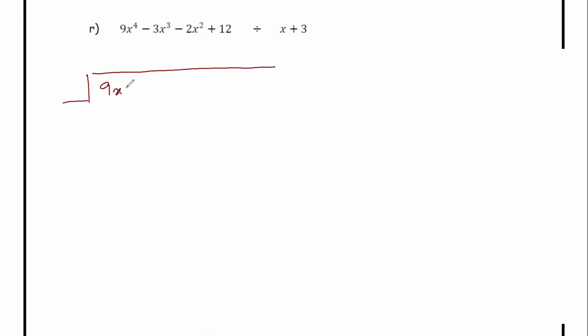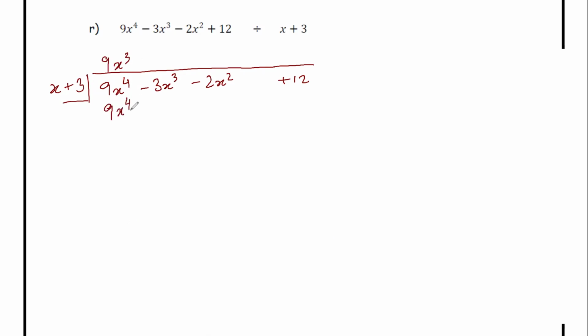So you got 9x to the power 4 minus 3x cubed minus 2x squared. Leave a gap for the x and then write plus 12. You got x plus 3. So x into x cubed gives me x raised to 4, but then I need a 9 as well.